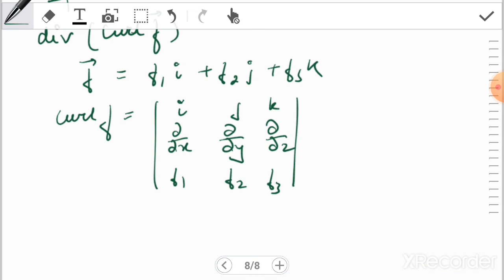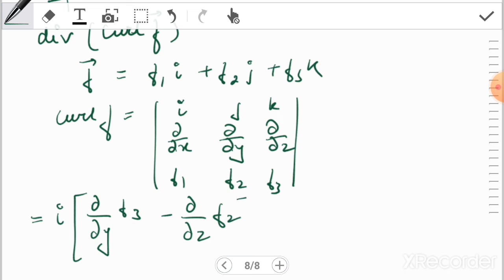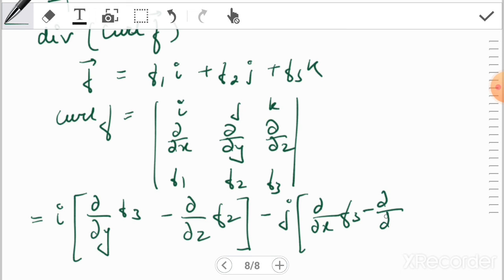Let us expand: i times del f3 by del y minus del f2 by del z, minus j times del f3 by del x minus del f1 by del z, plus k times del f2 by del x minus del f1 by del y.